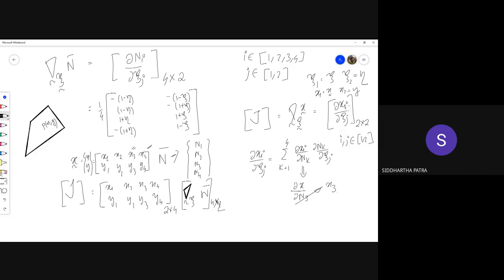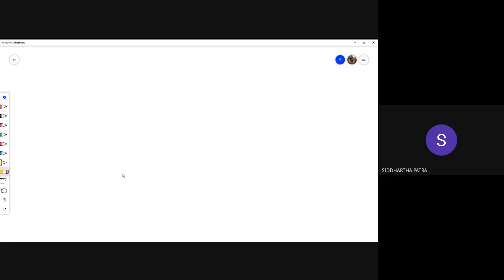Have everyone understood up to this point? Yes, sir. Then write the expression for the Jacobian by multiplying the two matrices. I have cleared the screen. Okay, and I'll be drawing something on the screen, so please don't do that right now.